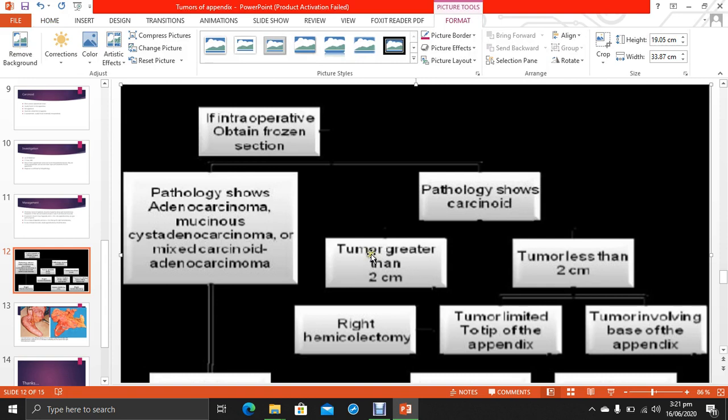Number one, if the tumor is greater than 2 centimeters, again right hemicolectomy. If the tumor is less than 2 centimeters, then there are two options. If the tumor is limited to the tip of the appendix, simple appendectomy, and if the tumor involves the base of the appendix, though the size may be small, again right hemicolectomy.